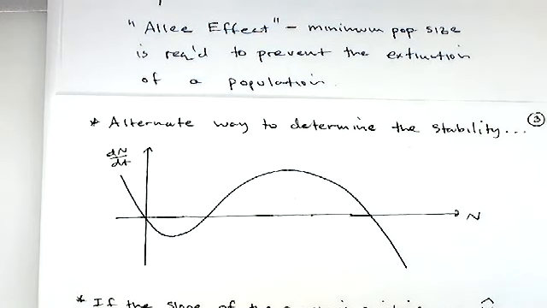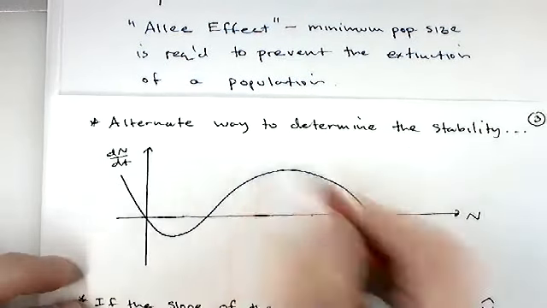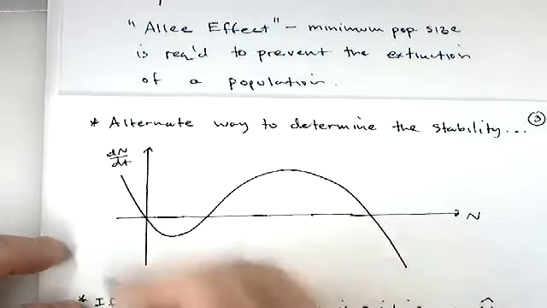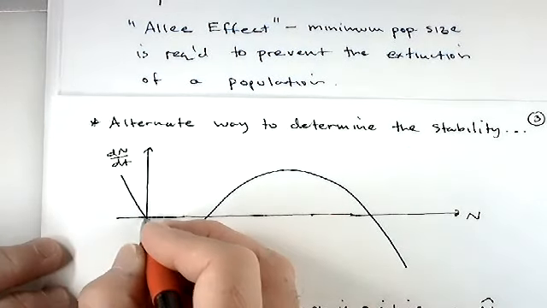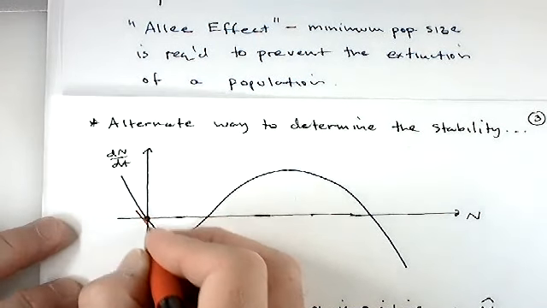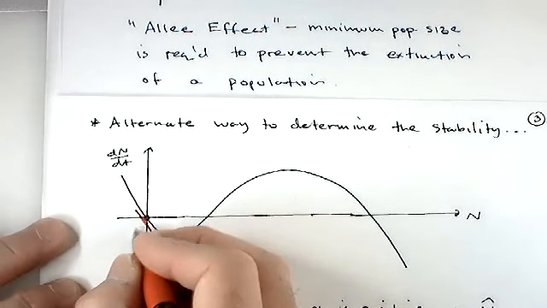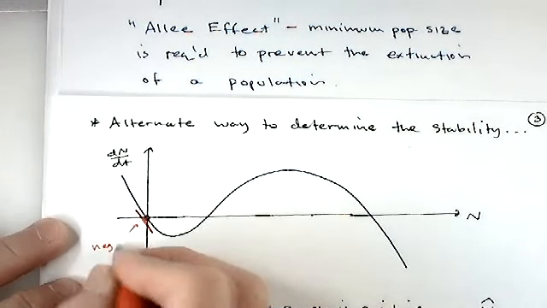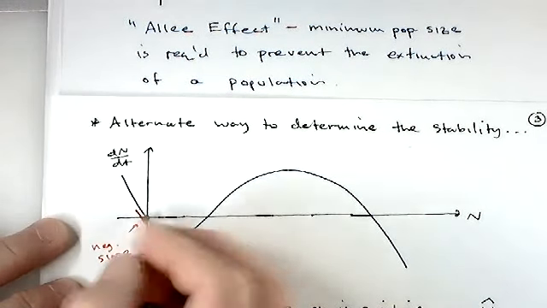And the idea of this method is that no matter what your graph looks like, you can have all kinds of wiggles on your graph and everything. If your graph crosses an equilibrium with a negative slope, what's going to happen?